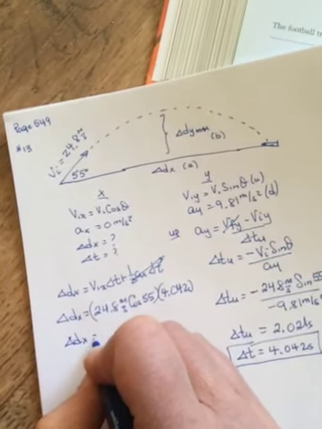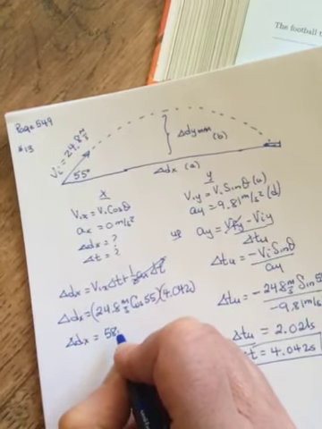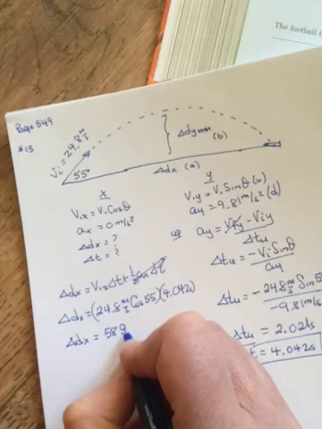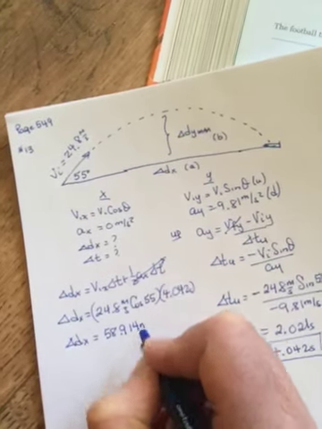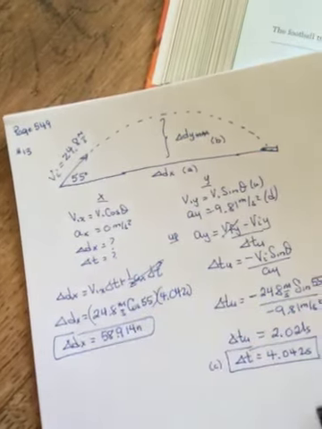And that will give you a delta dx of 58.914 meters. Okay? Delta dx.